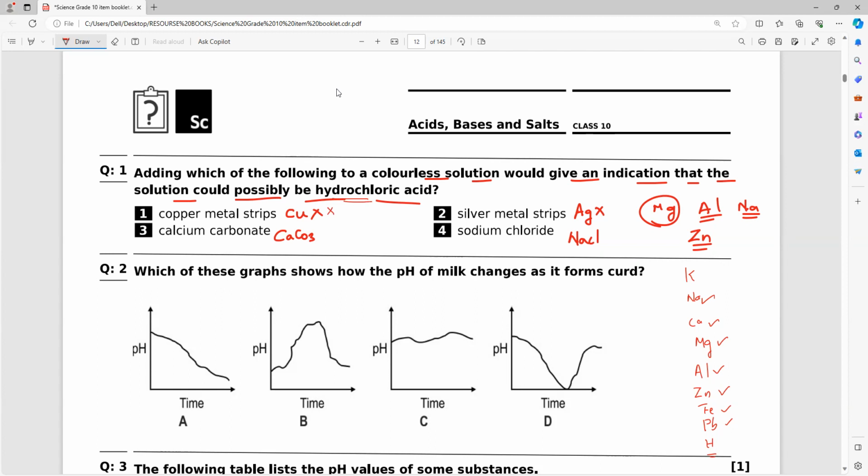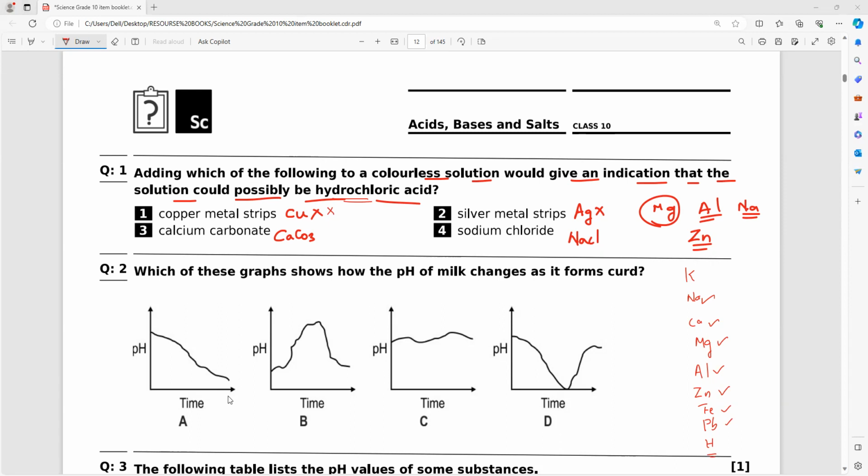What is the reason behind it? Everybody? Copper is present below or above? Copper is present below. And in the same way, the next metal is what? Silver also. So they cannot react with the hydrochloric acid. We have that in the same tabular column which I mentioned in yesterday's class.